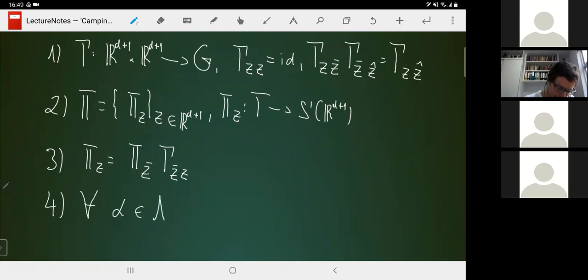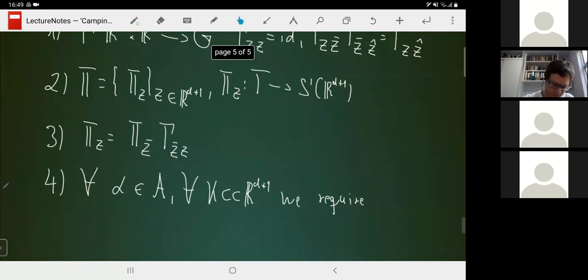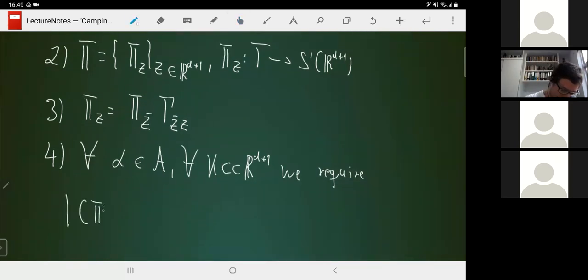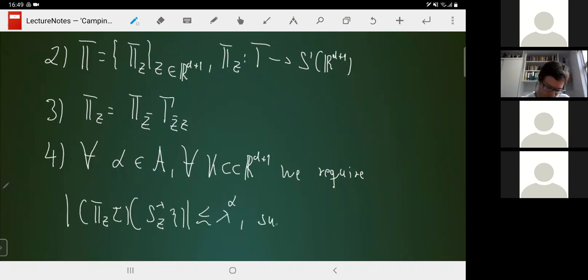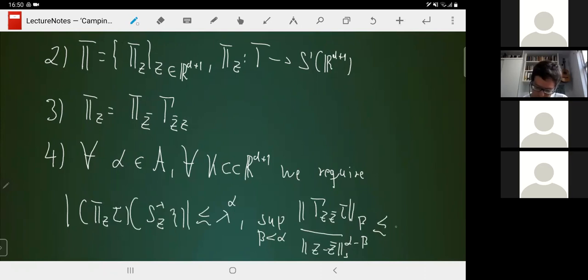For all alpha in A, for all compact subsets of R^{d+1}, we require the following: that |Pi_z tau (S_z^lambda eta)| is less or equal than lambda to the alpha, and the supremum over beta smaller than alpha of |Gamma_{z z-bar} tau|_beta divided by |z minus z-bar|^(alpha minus beta) is smaller or equal than 1.